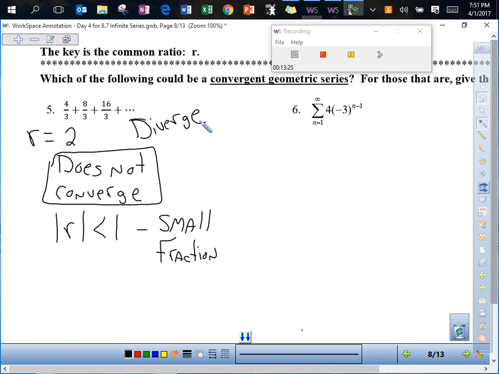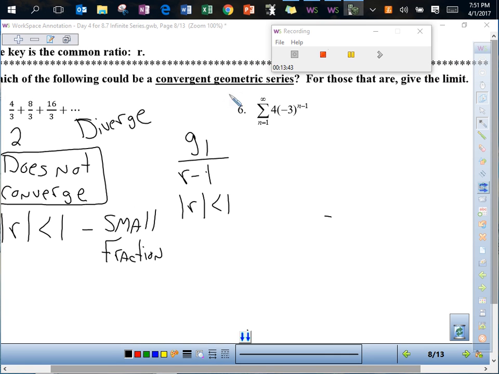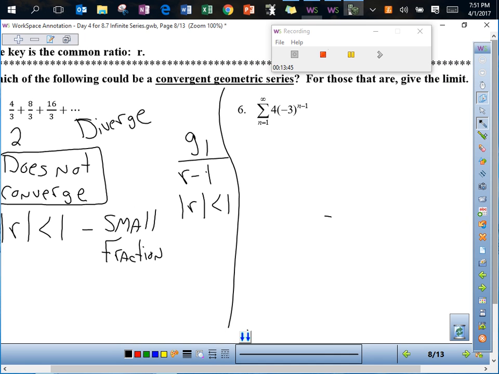Okay? So I slipped a rule in. The only time that you can use this formula is if the absolute value of your R is less than 1. Okay? So if you would look over at number 6. It's definitely geometric.